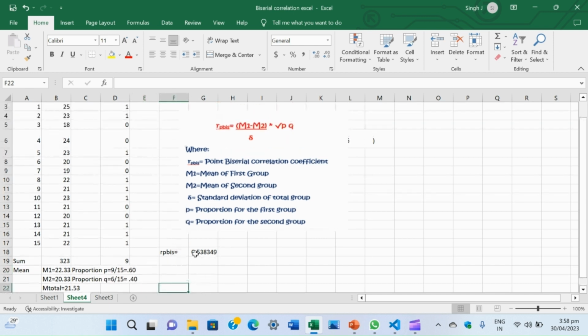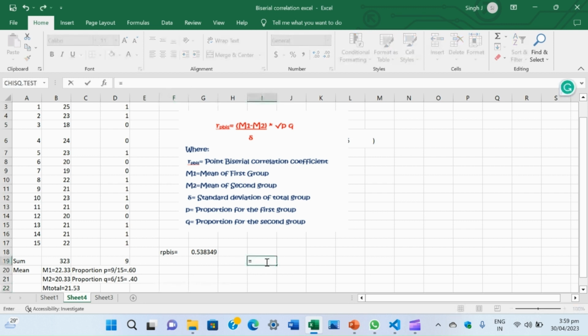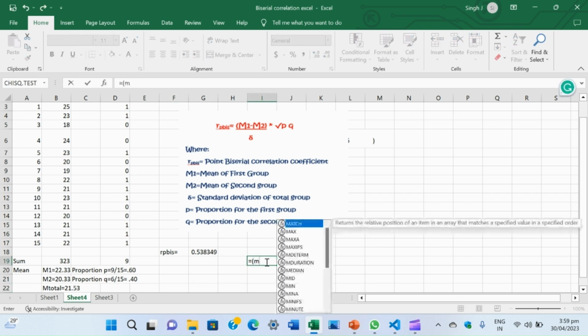Now, with the help of Excel, we will calculate the point biserial correlation coefficient. In a cell, first we type equal to make it a formula, then bracket M1 minus M2.